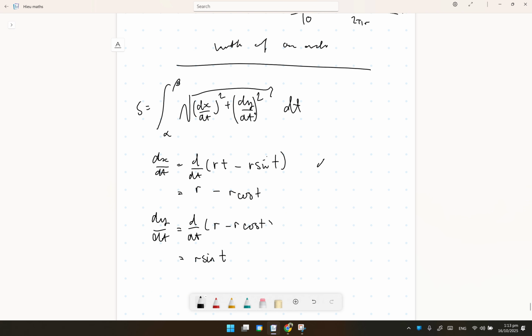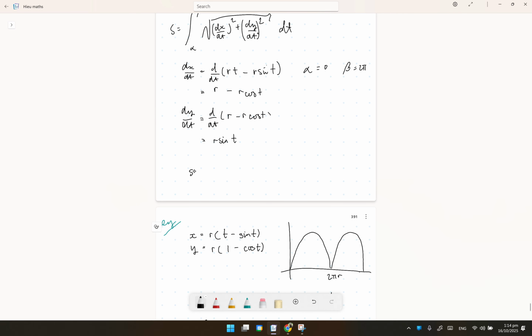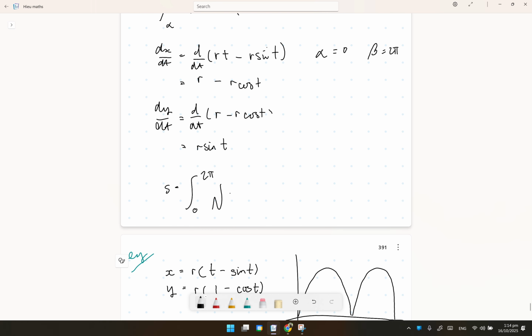So alpha is equal to 0 and beta is equal to 2 pi. So now the arc length is going to be the integral from 0 to 2 pi of the square root of (r minus r cos t) squared plus (r sin t) all squared dt.